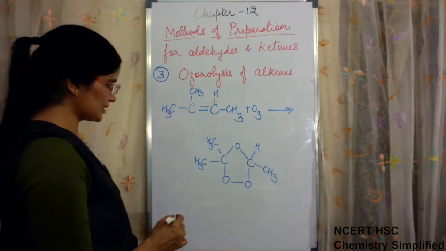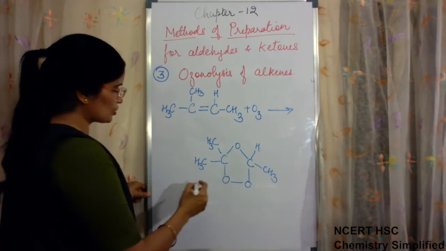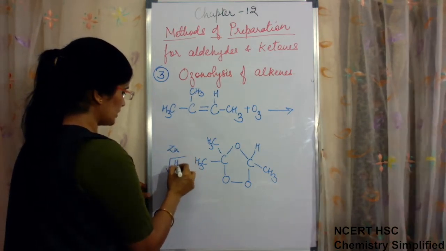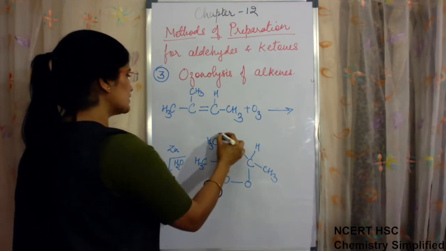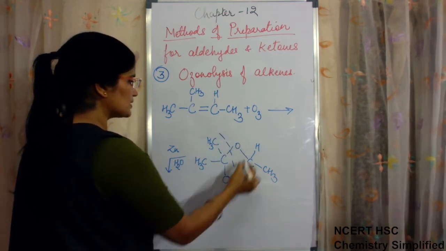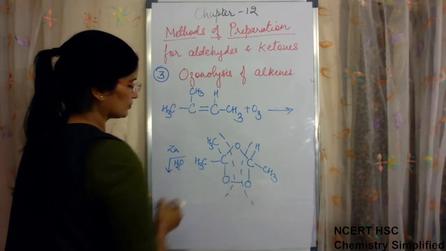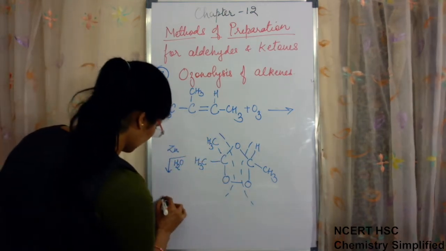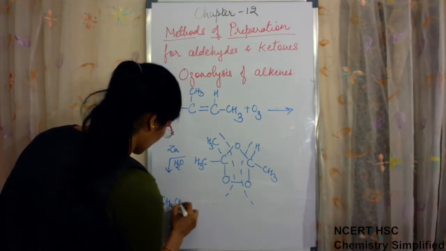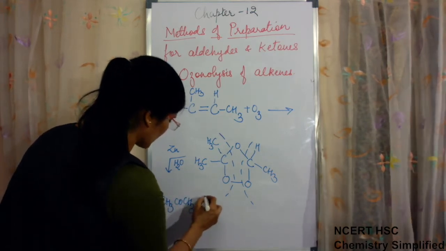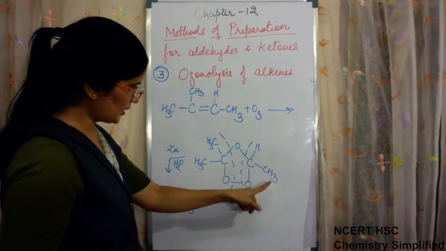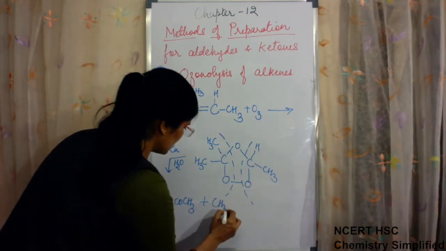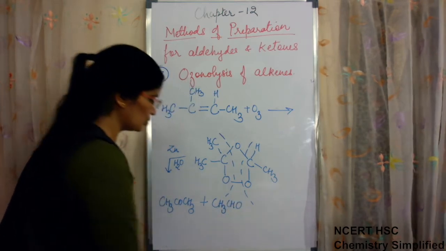Now in the next step, in presence of zinc and H2O, this will dissociate into two parts. One part is CH3COCH3 plus another part is CH3CHO.